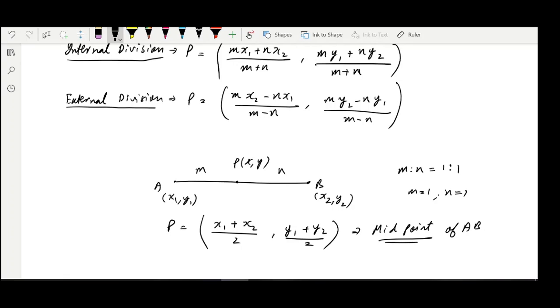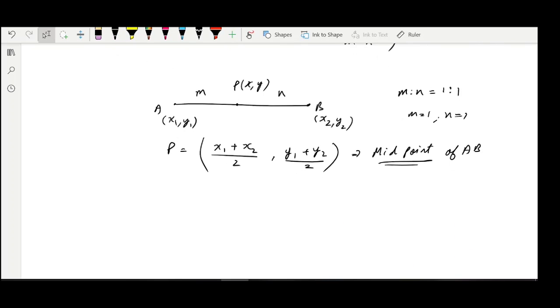Okay. Now let's look at triangles. We'll see area of triangles and we'll look at some properties of the triangle that are generally useful in questions in JEE. So let's start from the very basic. We'll see area of a triangle.